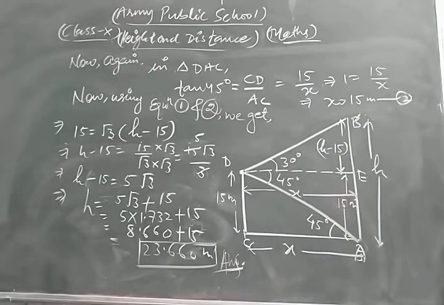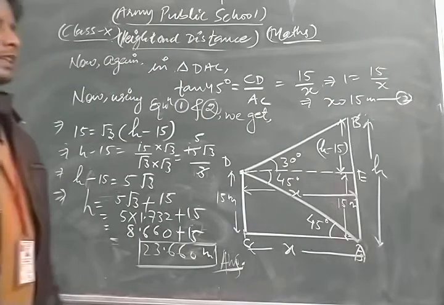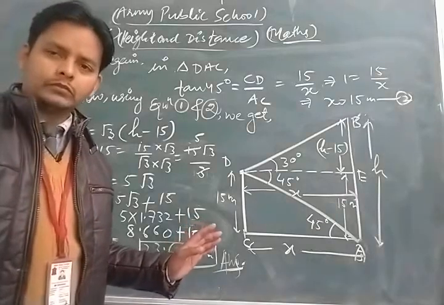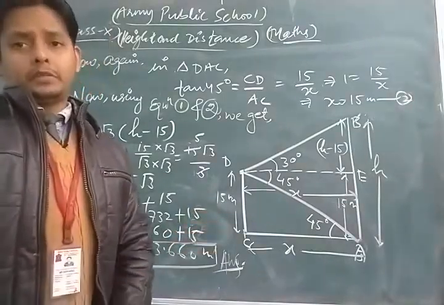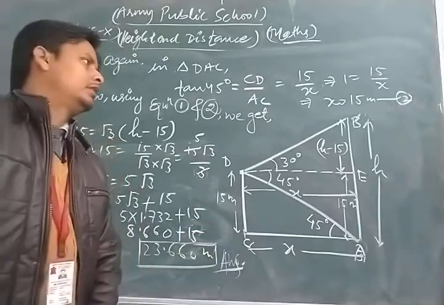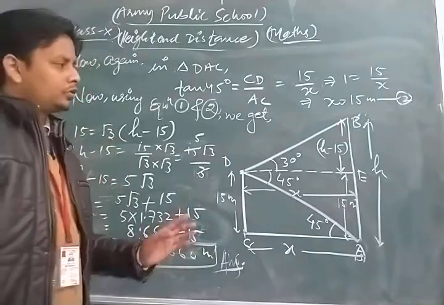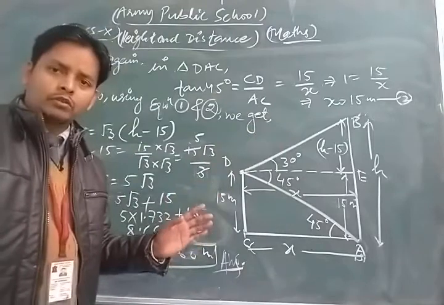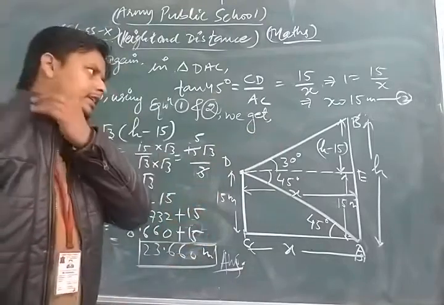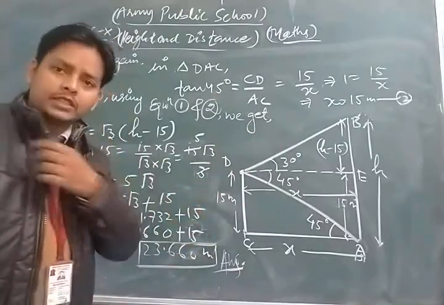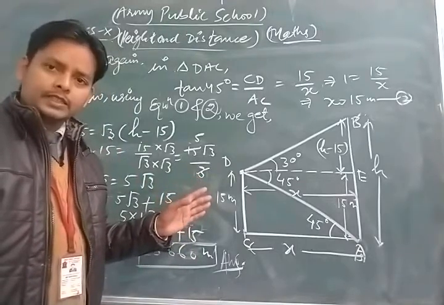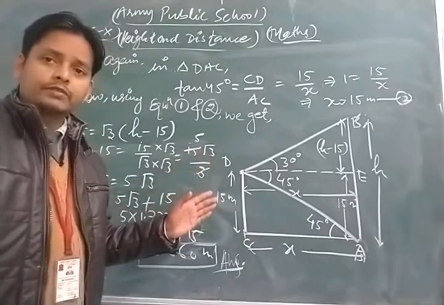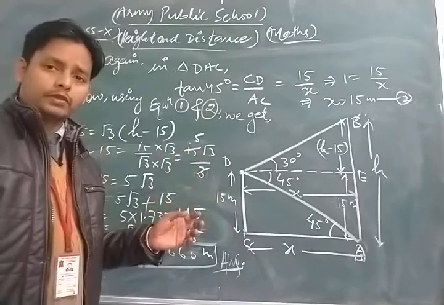Okay, dear student, in this way you can solve this type of question. This is a very important question, and according to it, you can solve so many questions of your NCERT exercise based on height and distance. Dear student, do more and more practice of each and every question which we discuss in this class and also in previous classes.